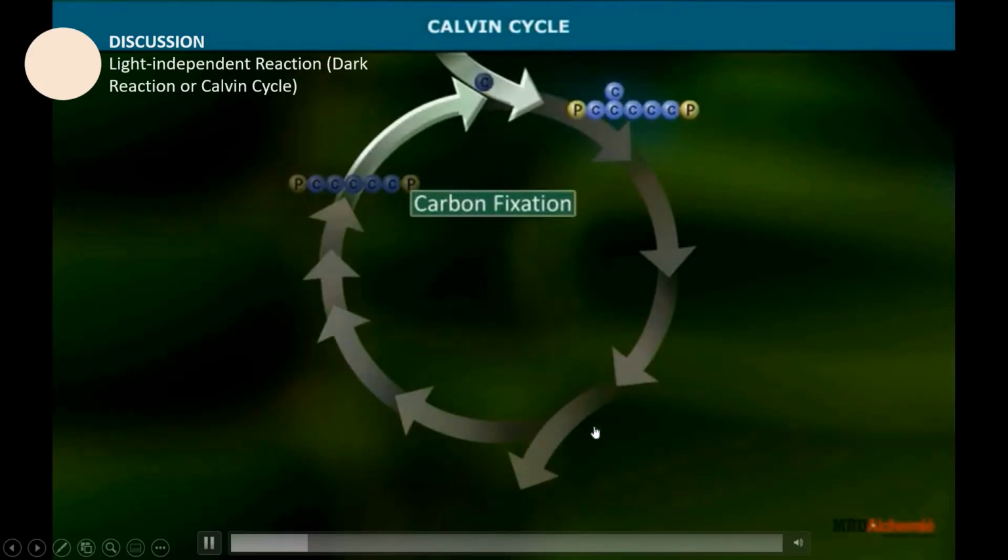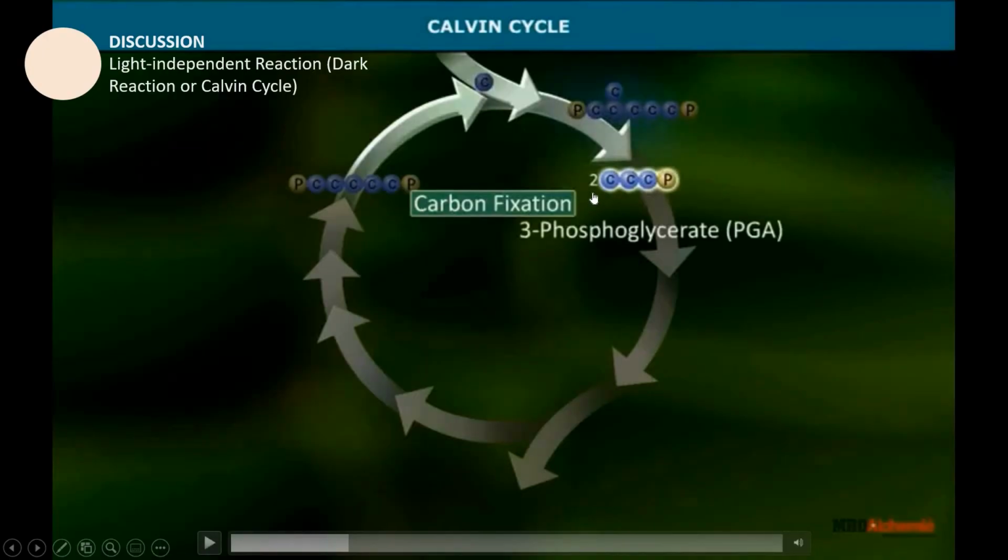Okay, so what happens next is it will rapidly be lysed. Okay, bali, paghihiwalayin yung 6 na carbon atoms in a way na in these 2 resulting molecules will have 3 of those 6 carbon atoms and 1 of those 2 phosphates on end. Okay, so that is carbon fixation.